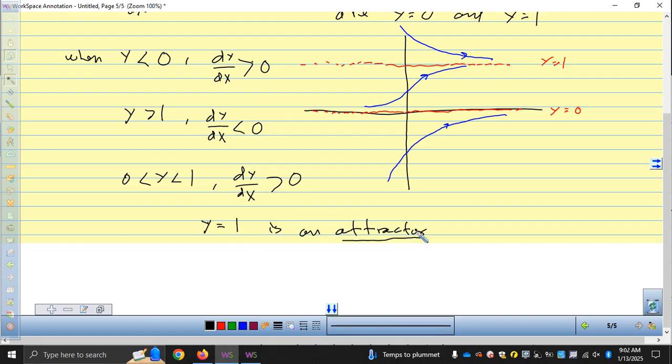Sometimes you hear it called a stable attractor. All the solution curves in that area are attracted to y equals 1. And because some go towards y equals 0 and some go away, we call y equals 0 semi-stable.